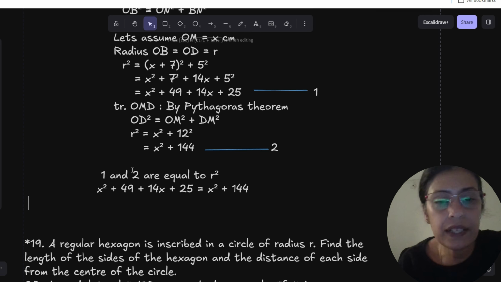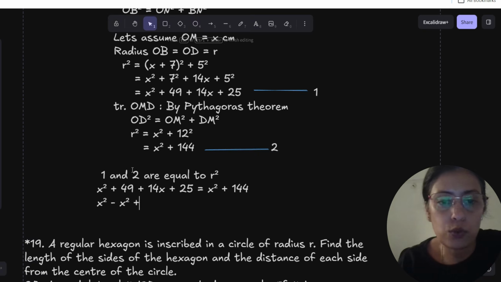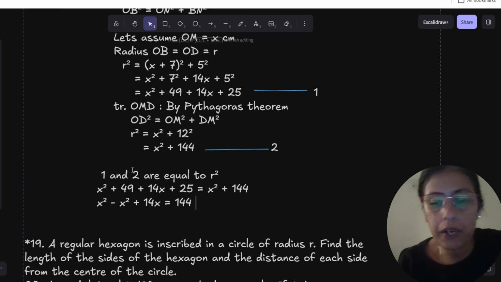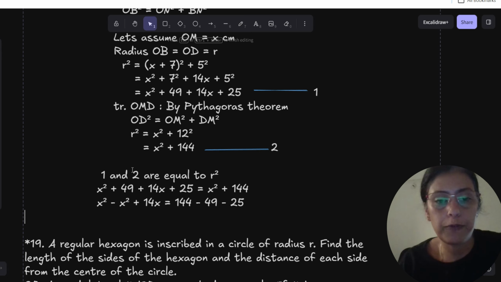Bring the like terms together. X square, we'll bring this right side x square to left. So again it is x square. Now numbers will bring to the right side. So we will have 14x here left. And then all the numbers we will bring to this side. 144, bring the 49 this side. So minus 49 and minus 25.